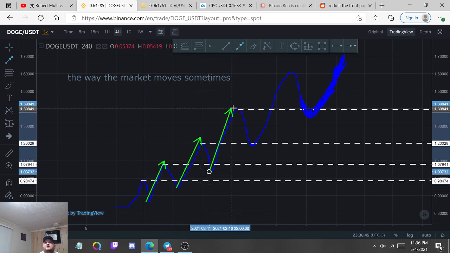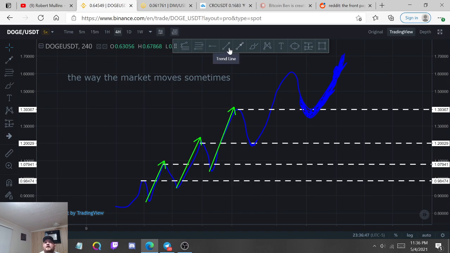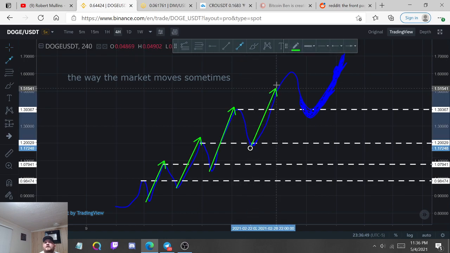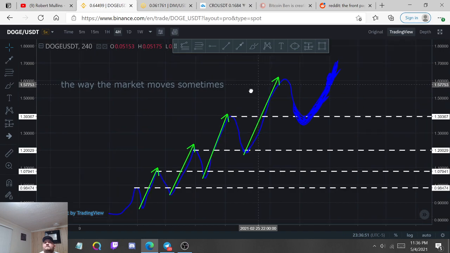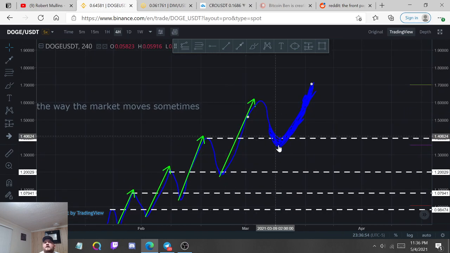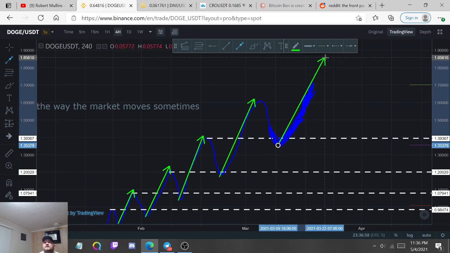I look for the next impulse leg, and the next impulse leg.